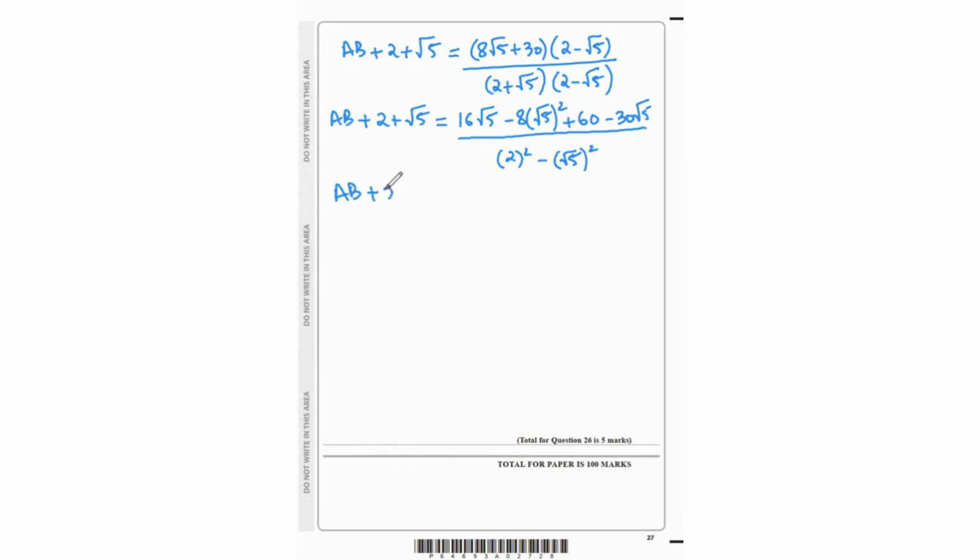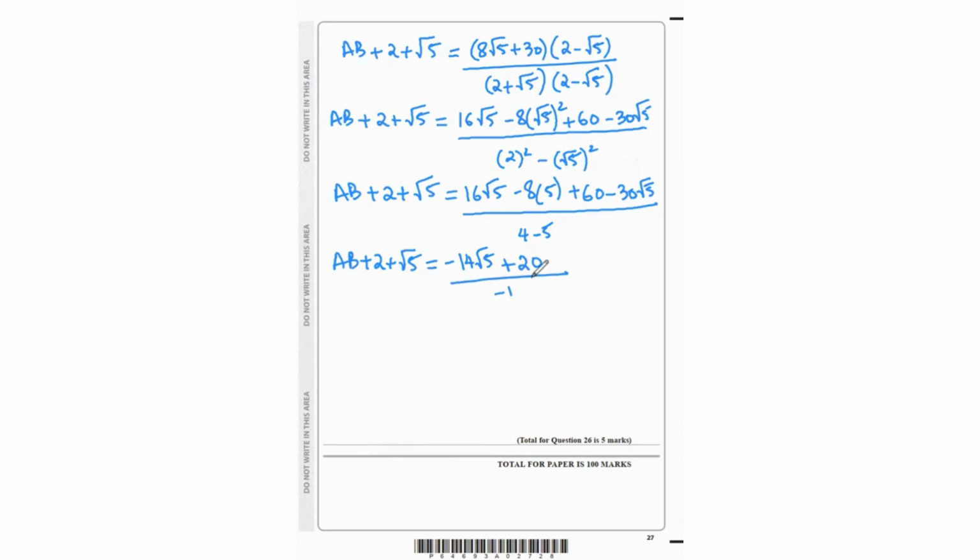Now we further simplify the fraction. So 16 root 5 minus 8 times 5 plus 60 minus 30 root 5, divided by 4 minus 5. 16 root 5 minus 30 root 5 is going to be negative 14 root 5. 8 times 5 is 40. 60 minus 40 is 20, over negative 1.